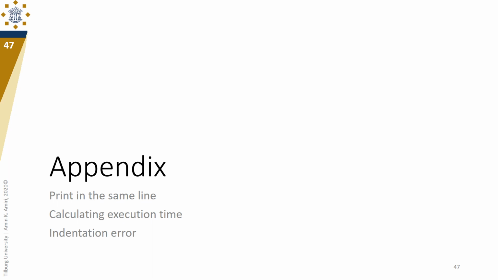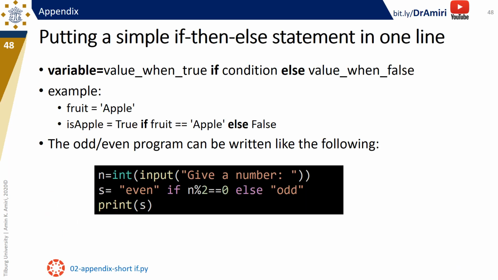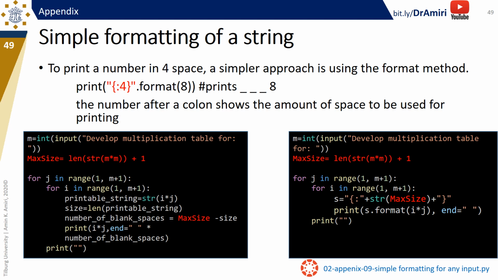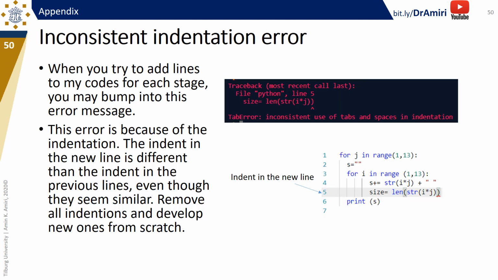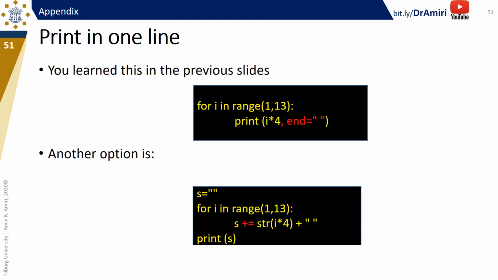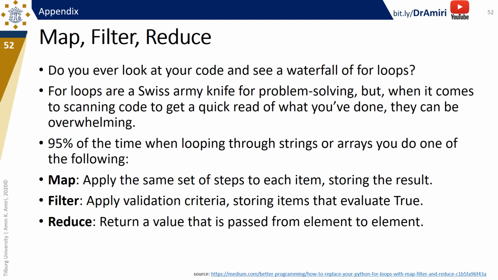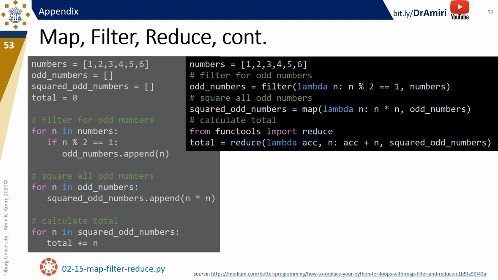I have put some interesting codes for you in the appendix. I'm going to upload that into Canvas, so please take a look at them. You see that I have provided a simpler version of if-then-else statements, a simpler way of formatting a string, some errors that I saw here and there encountered by the students, some other ways that you can write a code, and I also introduce map, filter, and reduce.